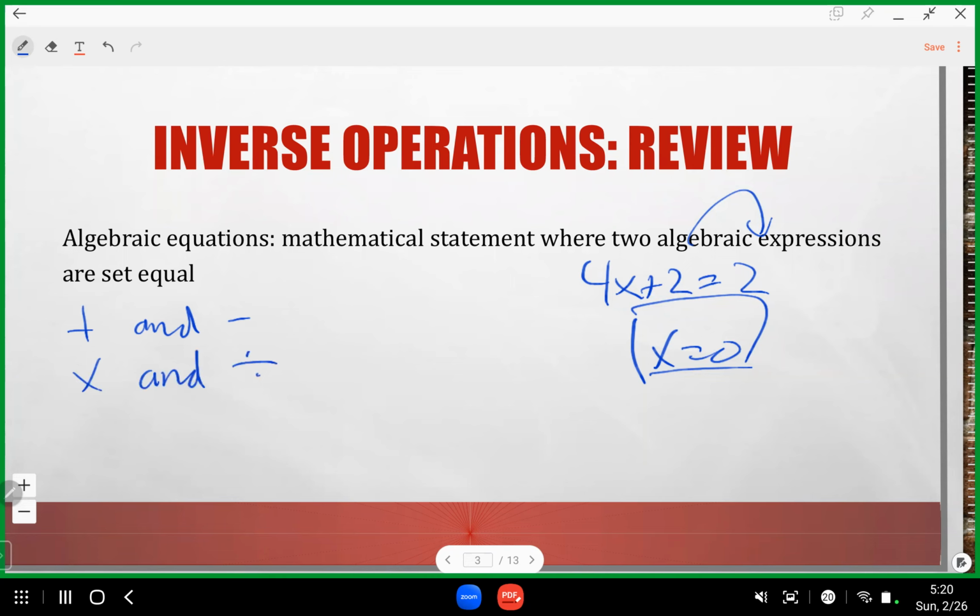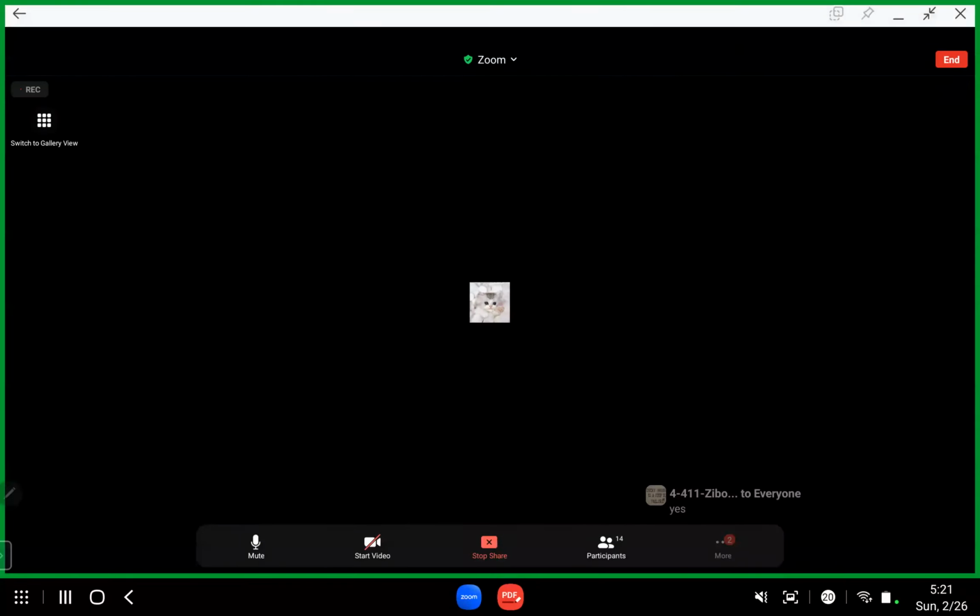And then, for example, you're taking x to the power of b, and the bth root of x would be the inverse of that. So for example, you're squaring 2 and you're taking the square root of 2, right? Those are inverse operations. So are there any questions on this?